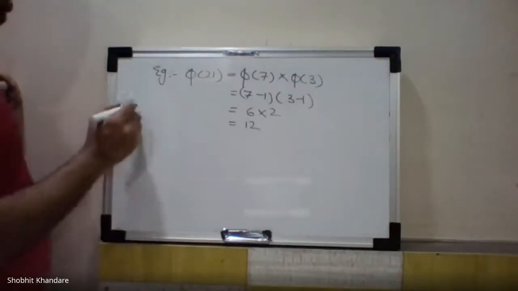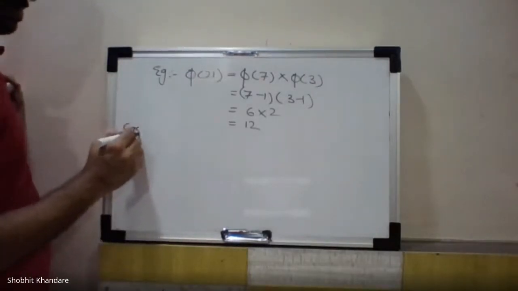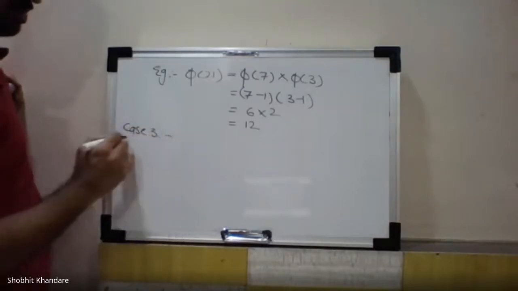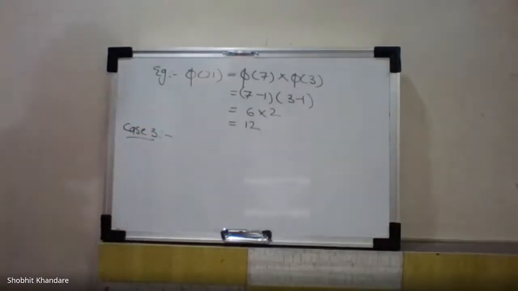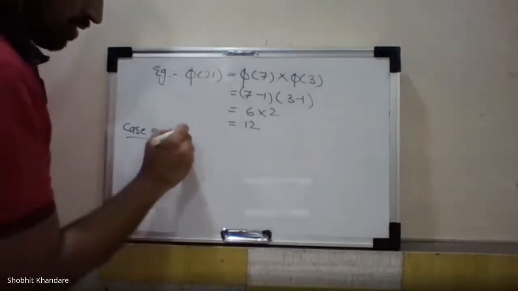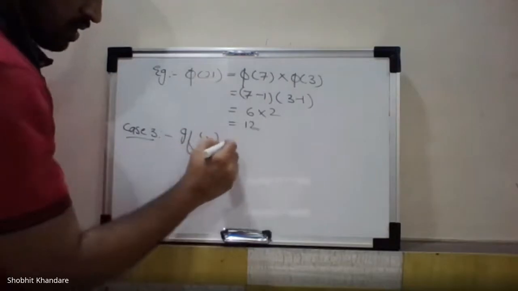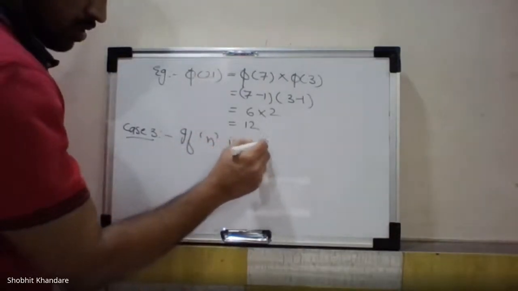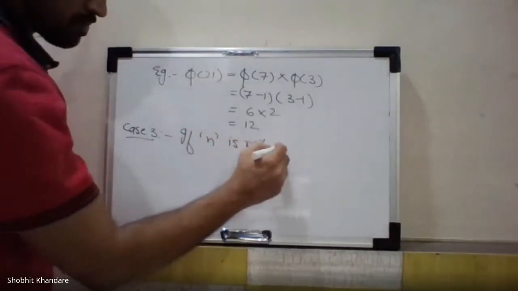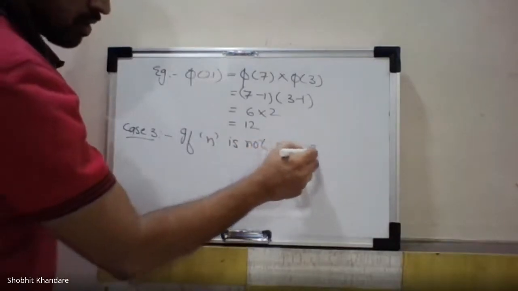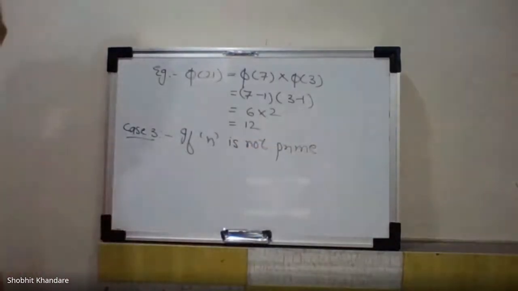Then comes case number 3. Case number 3 says that, write down, if n is not prime. Now it won't be that n will be a prime.